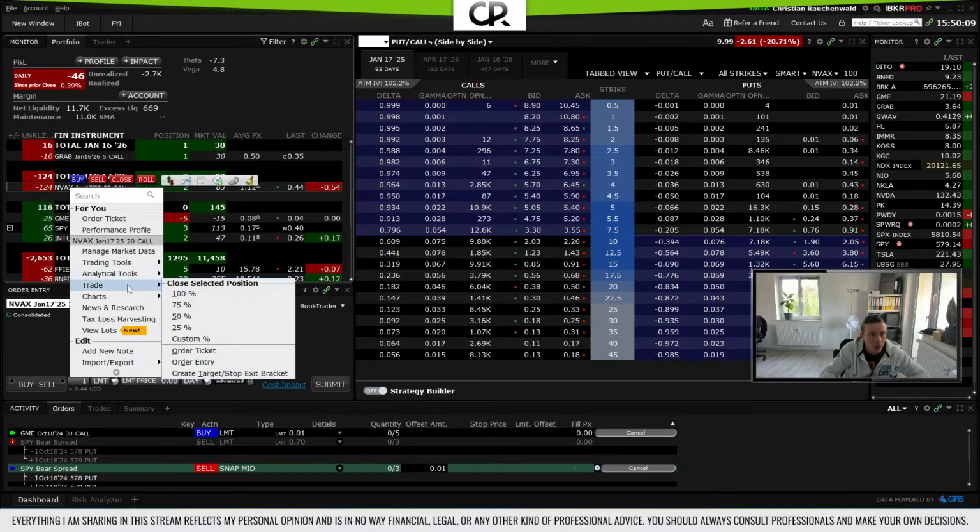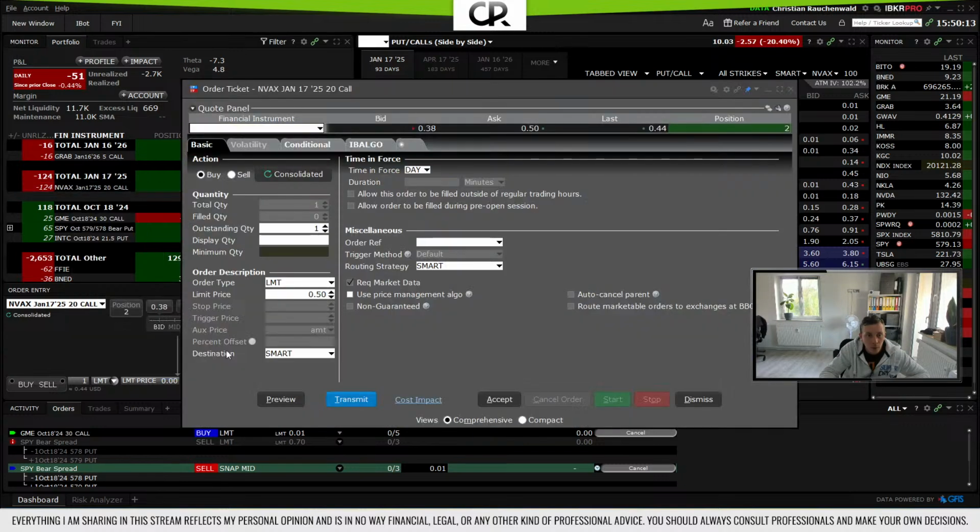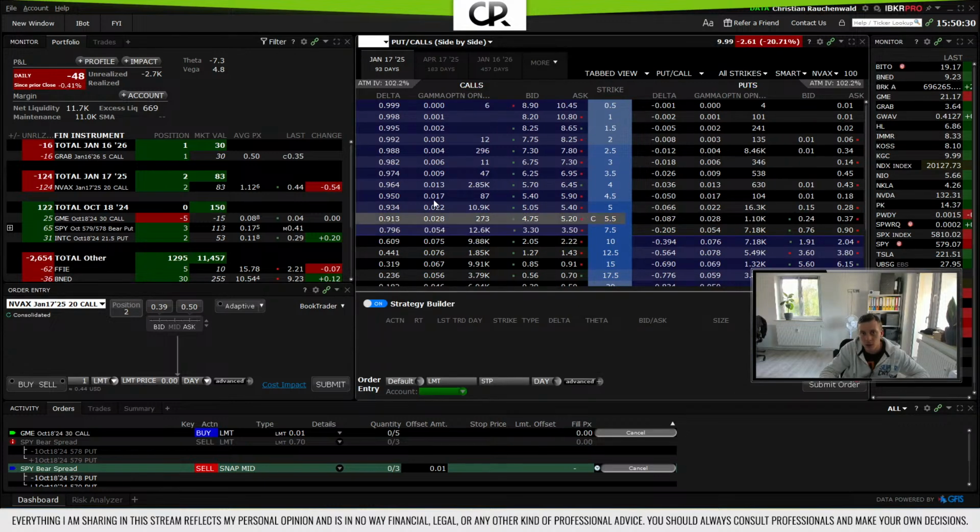I can create an order ticket from here, but, oh no, that I can actually do. We can say we buy. And what would we buy then? Oh, we need a combination. Okay, so we actually need a strategy builder. Let's see if we can build that.